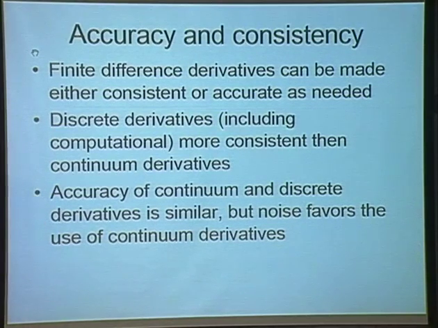When you come to shape optimization, where every time you change the design, you may want to change the number of finite elements, then continuum derivatives begin to appear more frequently. Still, even for shape optimization, the commercial codes use discrete derivatives, and this is because it's much easier to program.